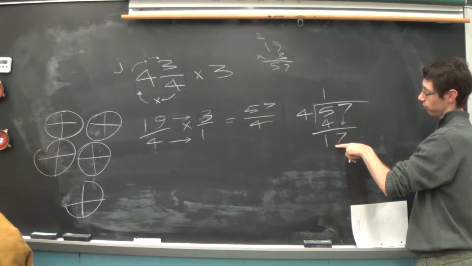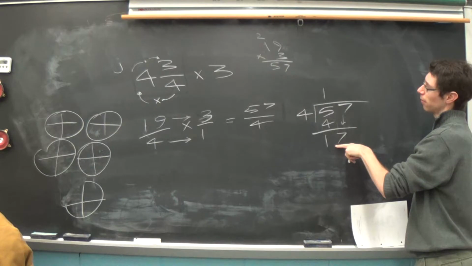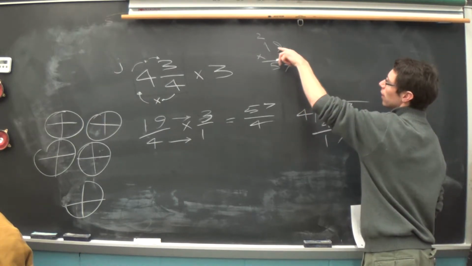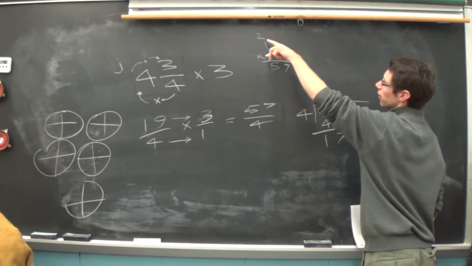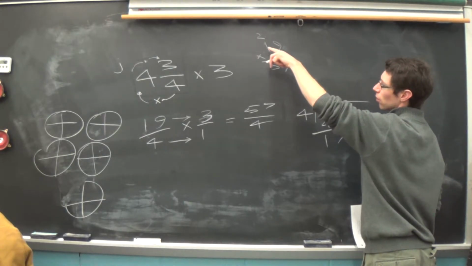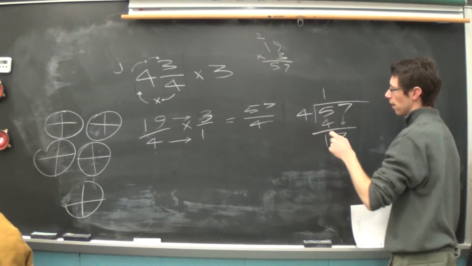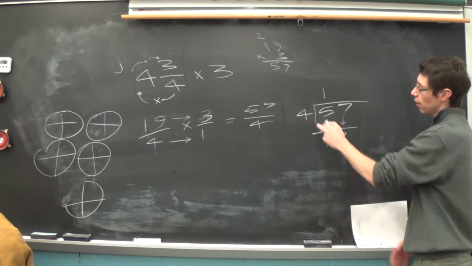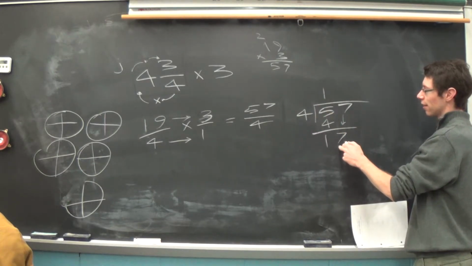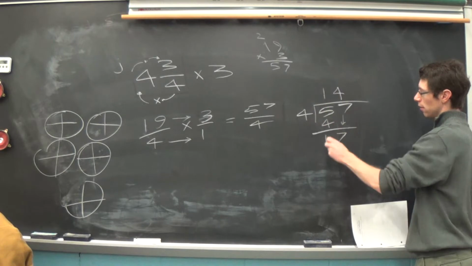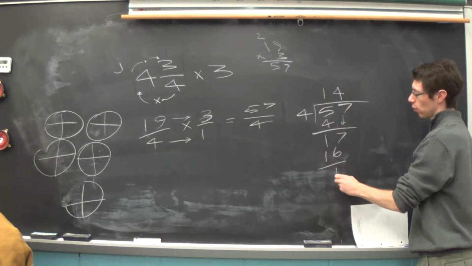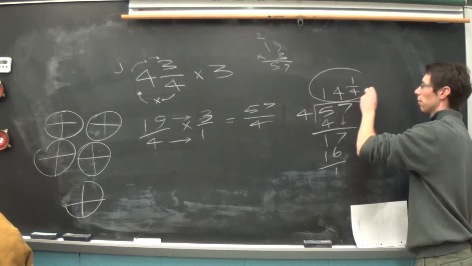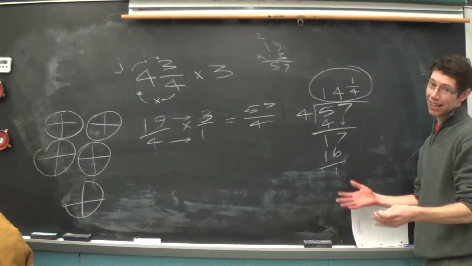I think I messed up somewhere. 3 times 9 is 27. 3 times 1 is 3, 4, 5, 57. Okay, let's see. Oh no, I did not mess up. It's good. 4 goes into 17 4 times. 4 times 4 is 16. We have 1 left over. 14 and 1/4 is my answer. That's another way to do it.